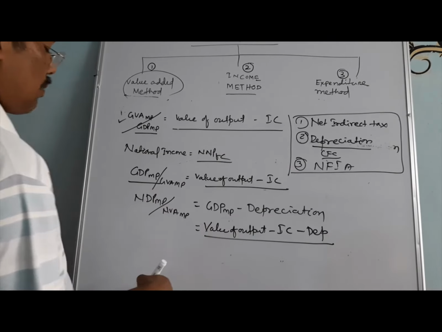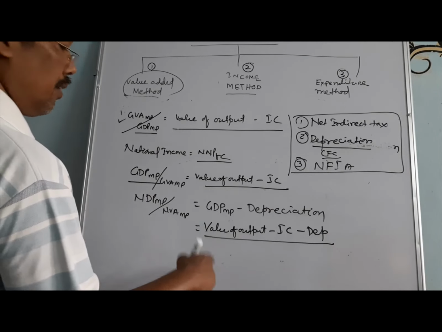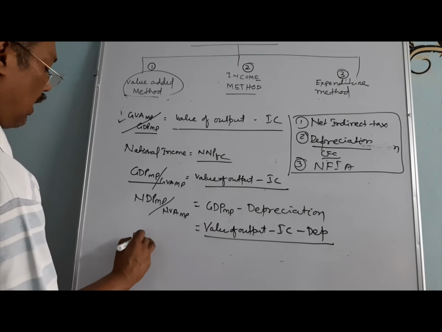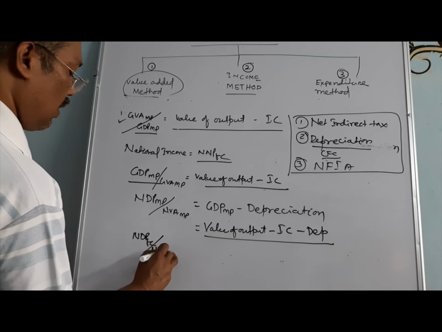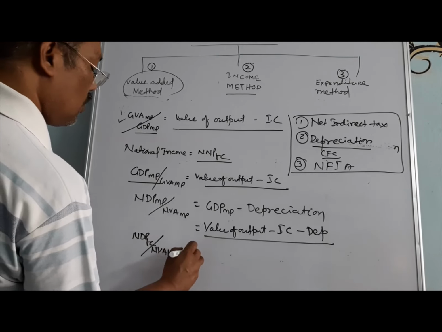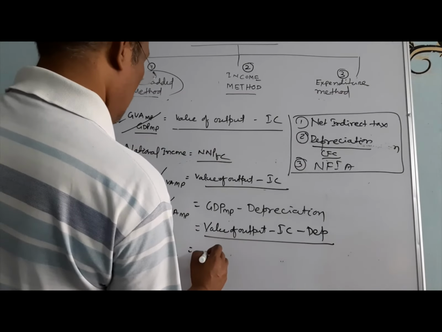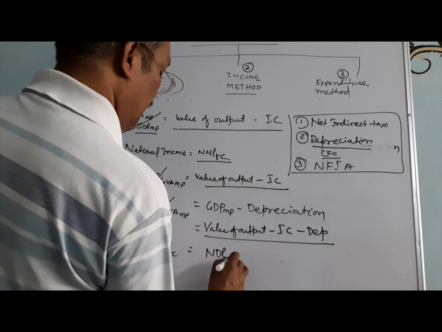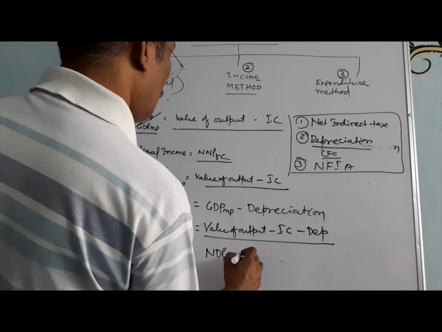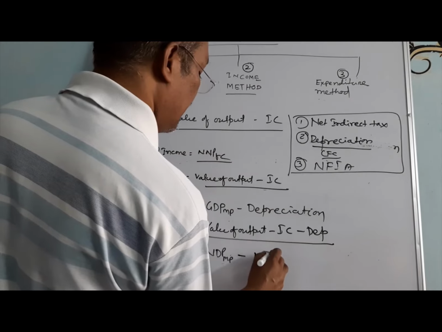From NDP at market price, we can calculate NDP at factor cost, or net value added at factor cost, which equals NDP at market price minus net indirect taxes.